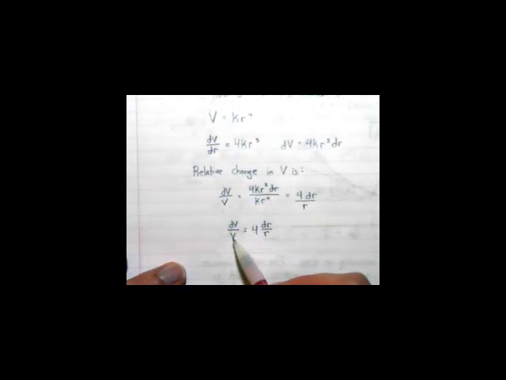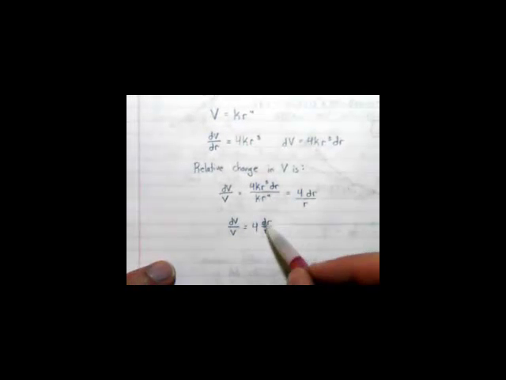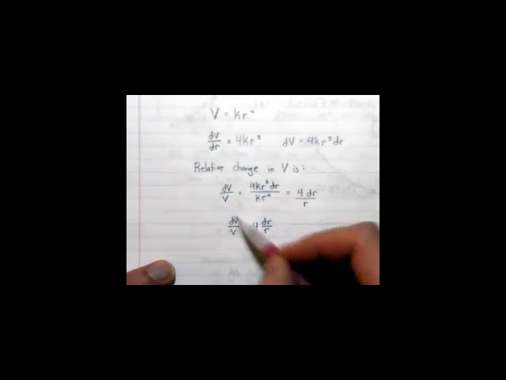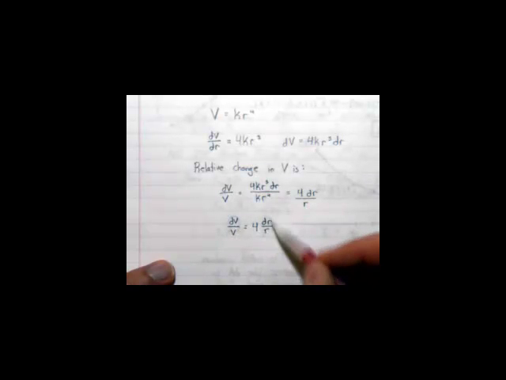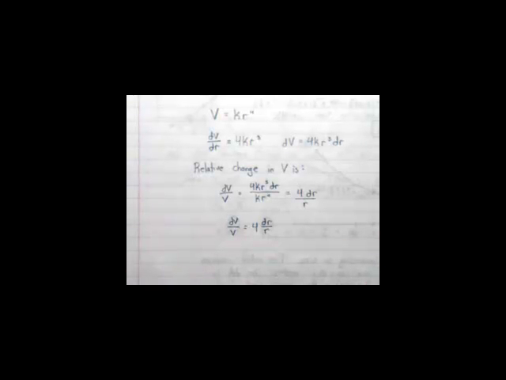So if we got a 10% increase in r, then what's going to be our relative increase in V? If this ratio is equal to 4 times this ratio, and this ratio we said had to be 10%. Don't overthink it. This is 10% times 4. 40%. Thank you. Like I said, don't overthink it.